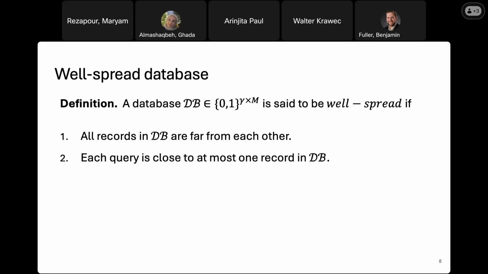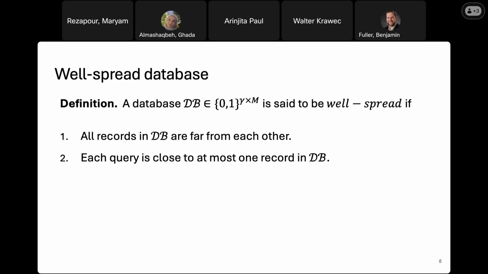We call a database well-spread if two conditions hold. First is that all records in the database are far from each other. And second, if we have an external query, it should be close to at most one record in the database, not more than that.